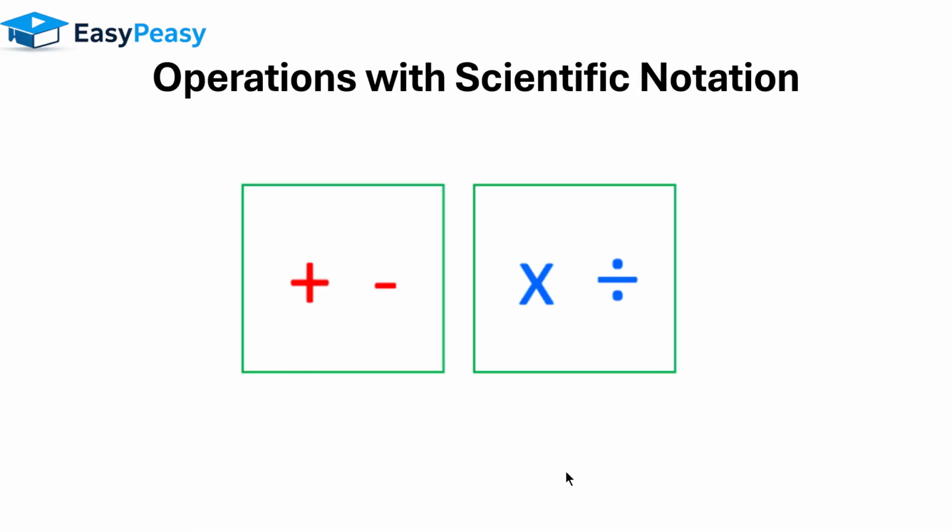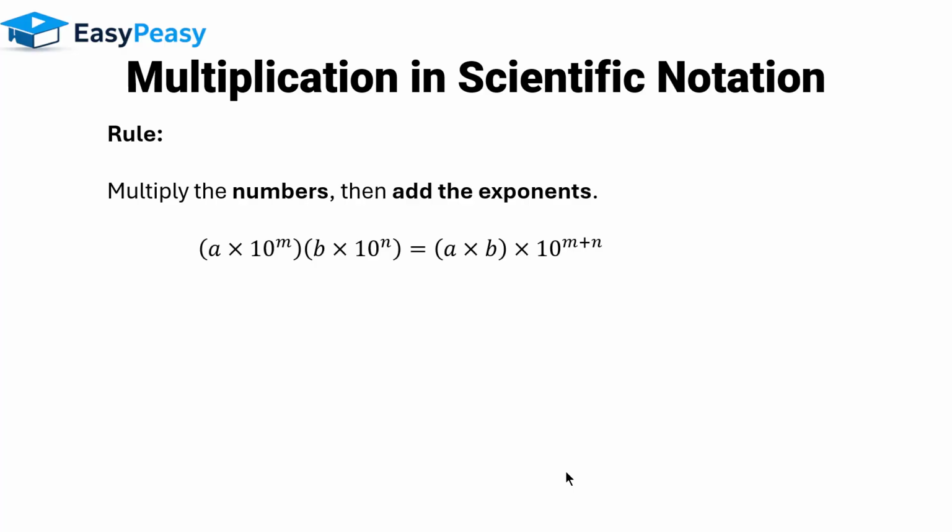Okay, now let's go to the operations with scientific notation. The operations include addition, subtraction, multiplication, and division. The first operation we are going to talk about is multiplication. The rule for multiplication in scientific notation is to multiply the numbers and then add the exponents.